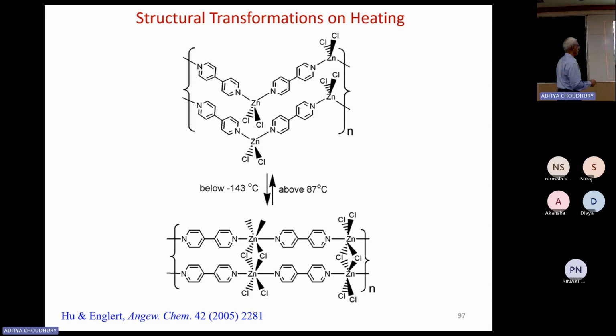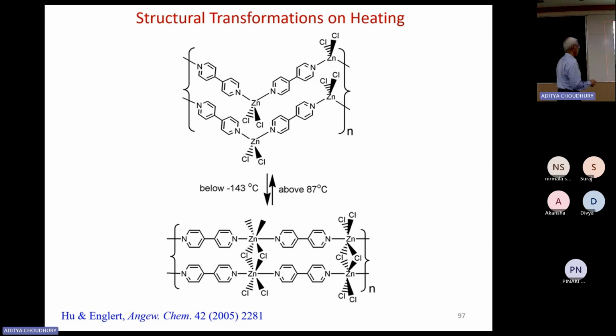This is tetrahedral. So take the single crystal and start cooling it. If you cool it below minus 143 centigrade, it undergoes a kind of structural transition.